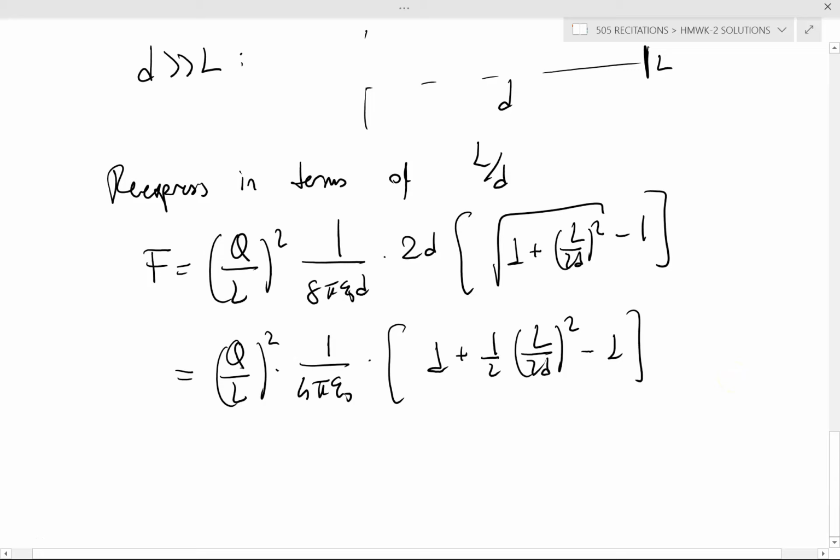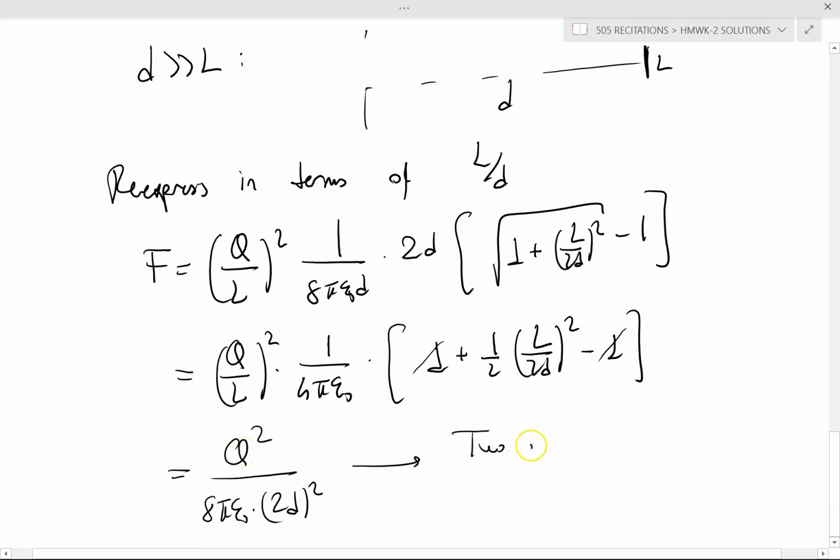Okay, these shall cancel, and I end up with Q divided by 8 pi E0 2D square as my answer, Q square, which acts like 2-point charges, and that is the intuitive expectation.